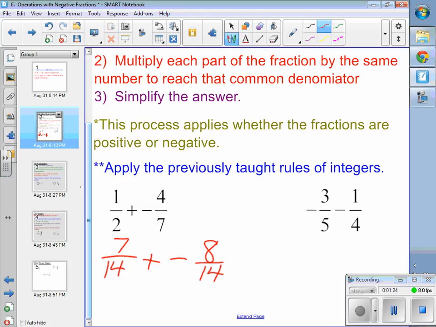And when we've got a negative and a positive, we subtract them, and we take the sign of the one with the greater absolute value, which would be the negative 8/14. And so we're going to have negative 1/14.